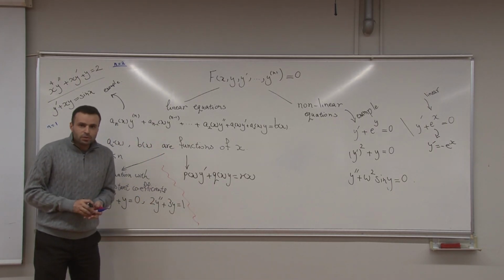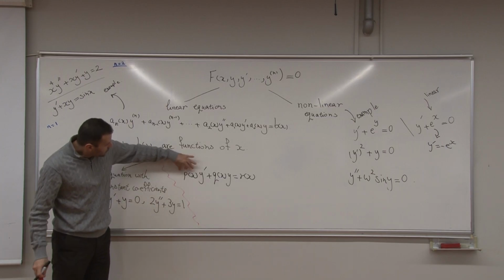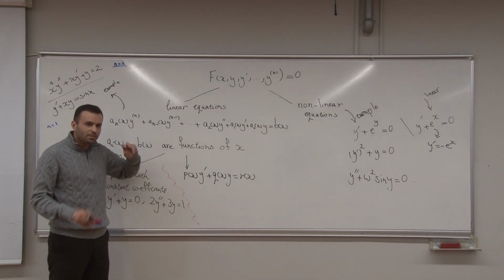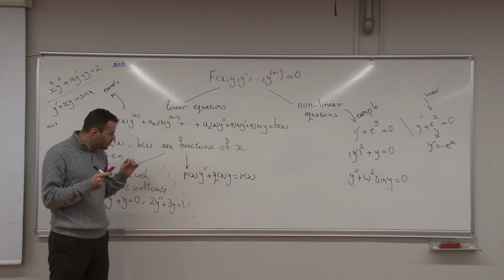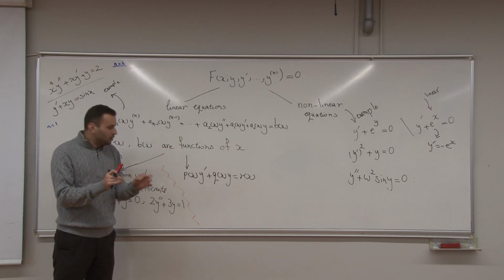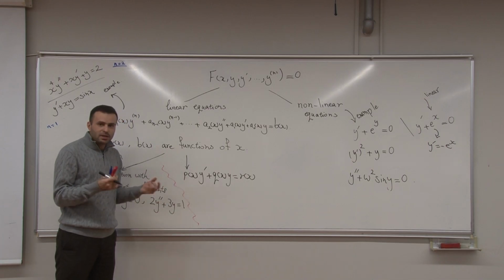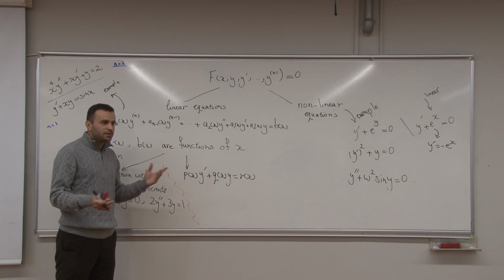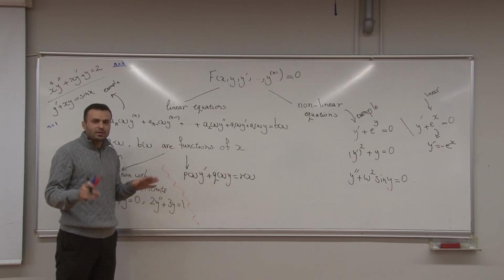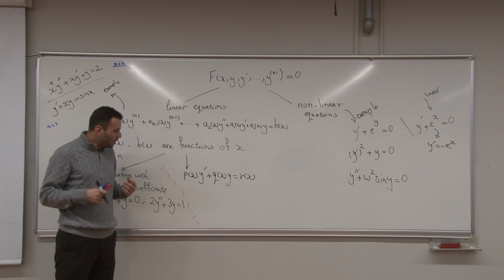What we can do, we can always get rid of this coefficient. Here I'm not talking about the special cases, where P of x is equal to 0, or if it is not continuous. Just assume that everything is going to work smoothly, okay?